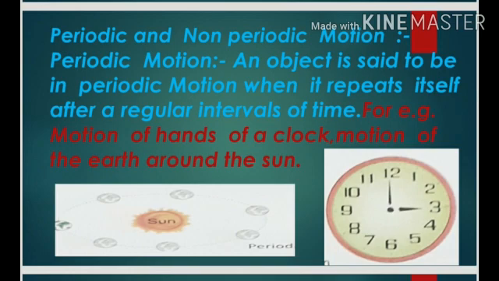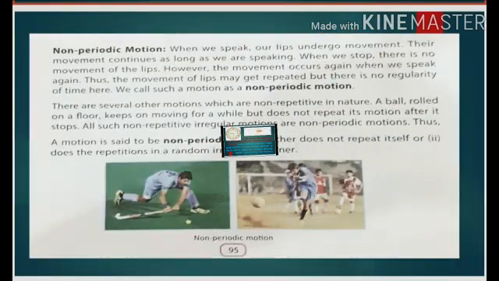So, we can conclude that an object is said to be in periodic motion when it repeats itself after a regular interval of time. For example, motion of hands of a clock and motion of the earth around the sun. In both cases, the hands of a clock or the earth repeat themselves after a regular interval of time.